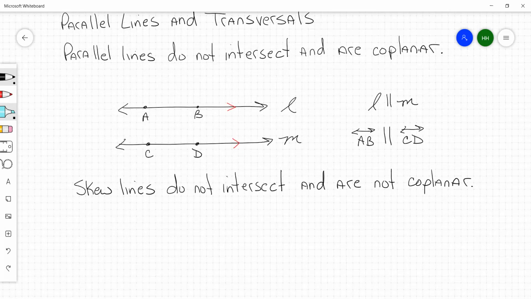Skew lines don't intersect either. All right, parallel lines, they don't intersect, but they're in the same plane. Skew lines don't intersect, but they're in different planes.